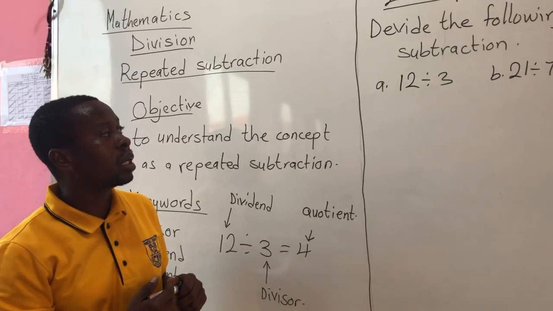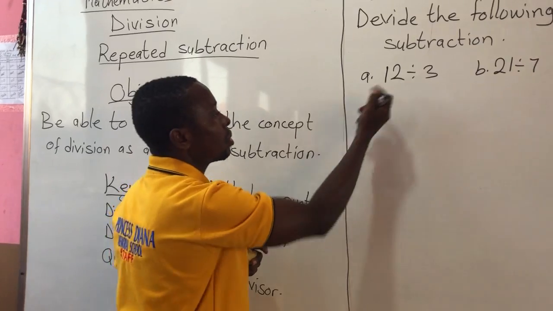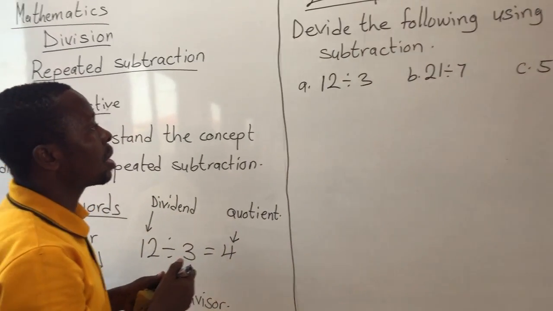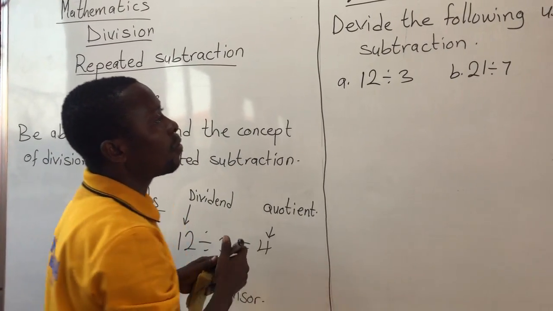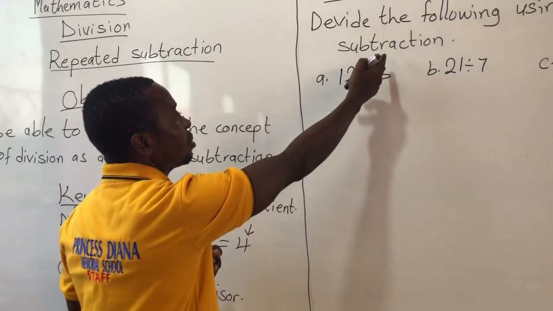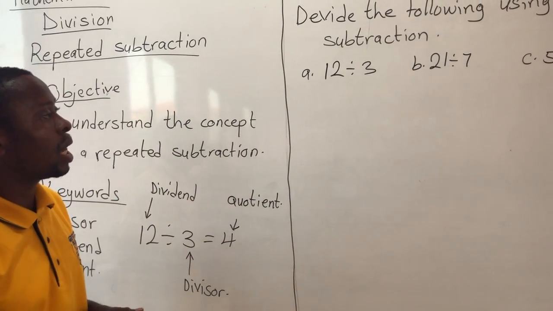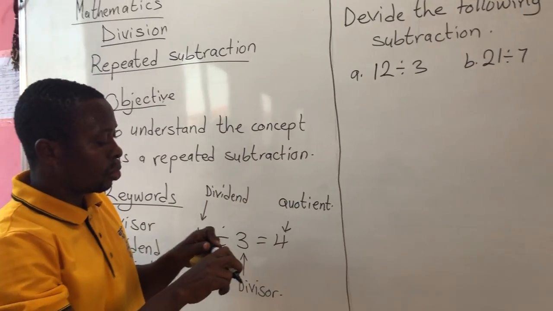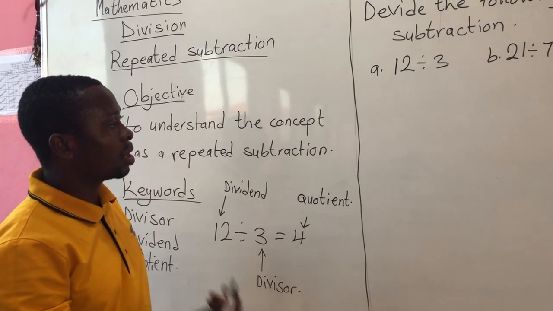Now let's look at some examples of repeated subtraction in division. Let's take our first example: divide the following using repeated subtraction. We all know what subtraction is.